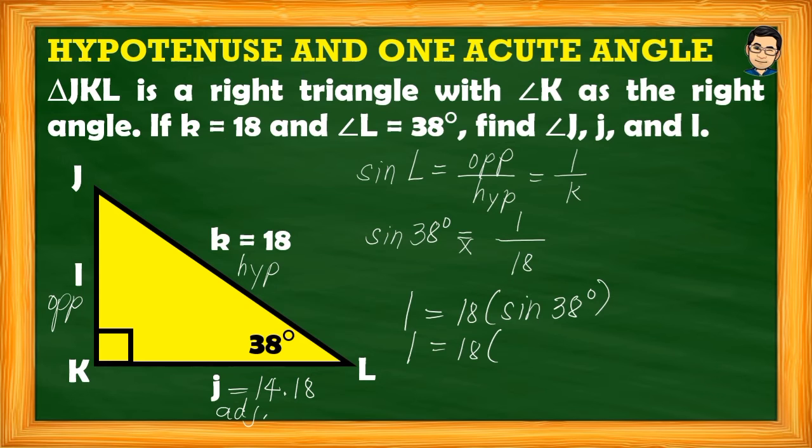Or pwede rin namang dire-diretso sa calcu: 18 sine 38 and then equals. Okay. So sine 38 degrees is approximately equal to 0.6157. And then multiply by 18. Ang lilitaw na sagot is 11.08.